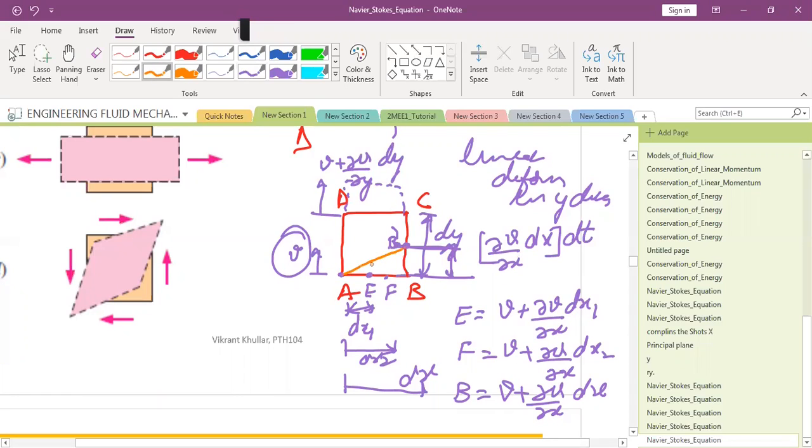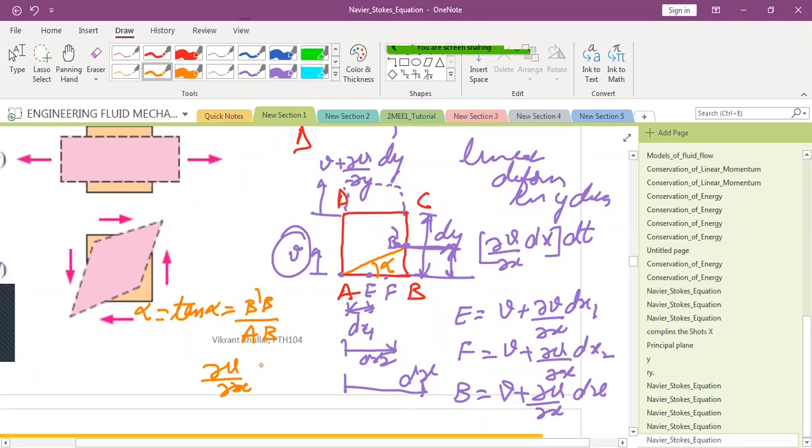Now what is this angle? This is alpha. So tangent alpha is equal to BB dash upon AB. Now if deformation is small, this is also equal to alpha. So BB dash is curly v by curly x into dx into dt, upon AB which is dx.